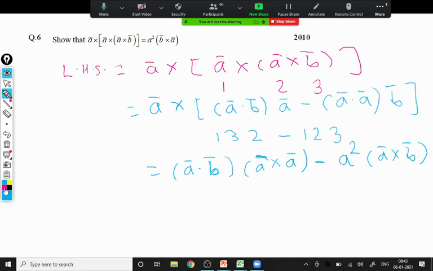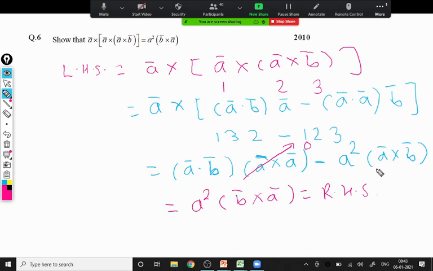What is the value of A cross A? 0. This A cross A is 0. And what about the minus sign? If you merge the minus sign inside the bracket, the order of the cross product will change, because A cross B is equal to minus B cross A, and we get the RHS. That's the end of the proof.